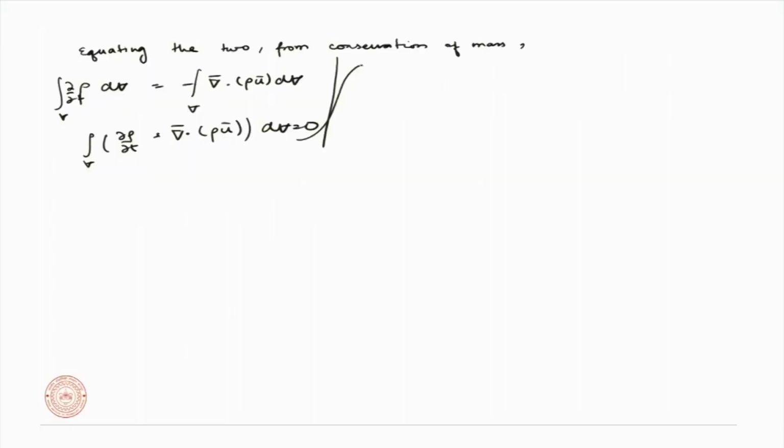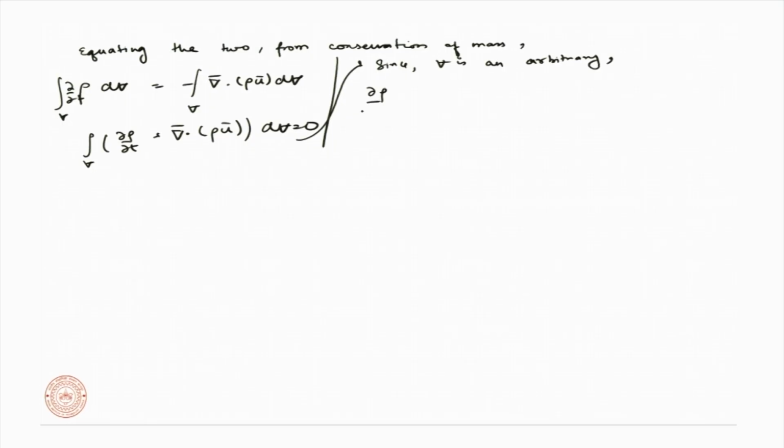For now, we have taken the control volume to be a cuboid or a rectangular prism. However, it could be anything else, right? It could be any arbitrary shape. Since V is an arbitrary volume, for any volume V or any smaller segment of this volume V, the integrand should be the same, and therefore, for it to be 0, this integrand needs to be 0.